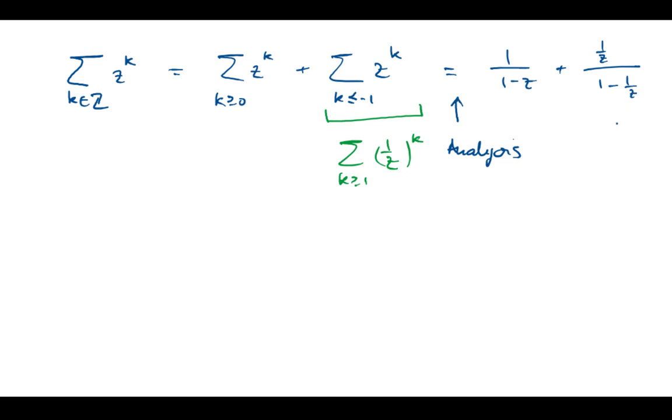And by now you should probably feel uncomfortable, and maybe I should put a question mark over here, because there are convergence issues. So what am I saying over here? This geometric series, if I worry about convergence, has the condition that the absolute value of z is less than 1. This geometric series, again, if I worry about convergence, has the condition that the absolute value of 1 over z is less than 1. That's the same thing as saying the absolute value of z is bigger than 1.